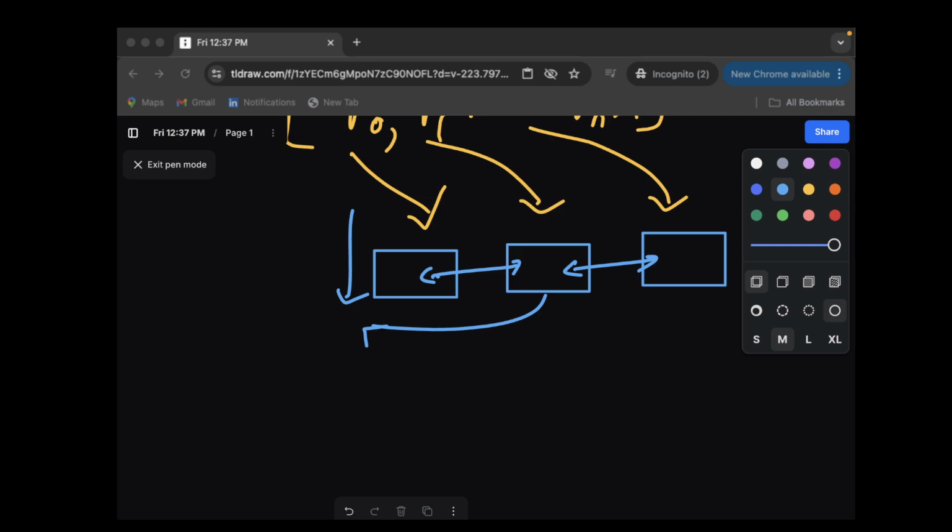Now the way we solve the critical section problem is we need to satisfy three conditions. The problem is that whenever we are sharing a resource, only one should be able to access it.